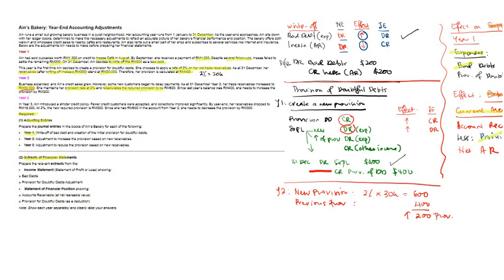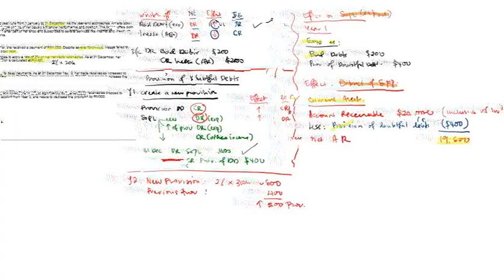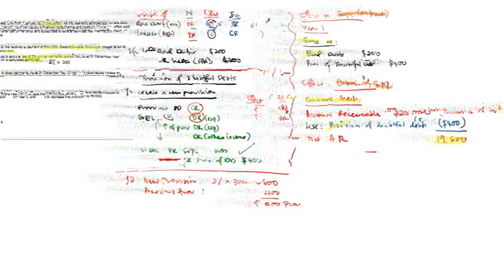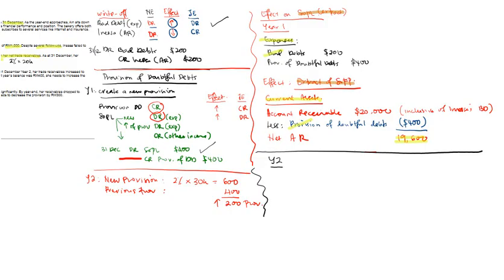So how do we record this in our journal entry? Remember, provision is always credit. So if you want to increase it, you follow the normal entry, which is also credit.